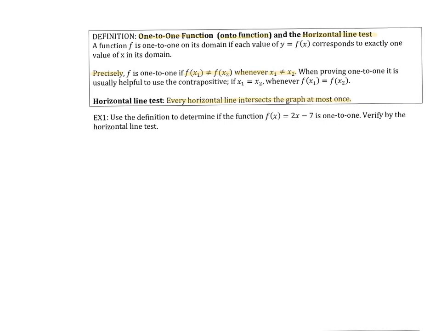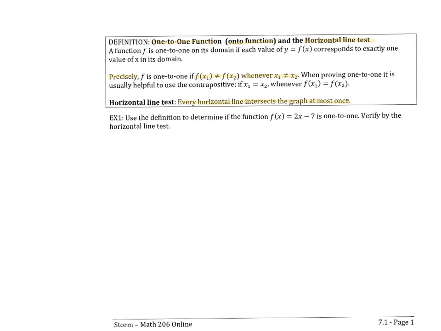But with this definition, we have not equal to. It's really hard to work with things that are not equal. So it's much easier to use the alternate version, which says that the x values are equal whenever the y values are equal.